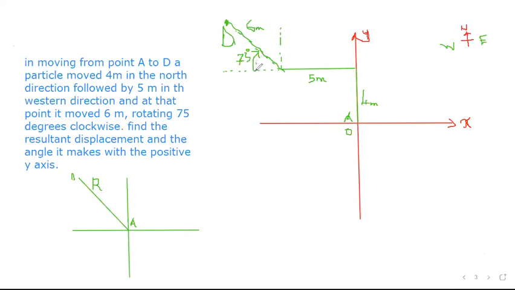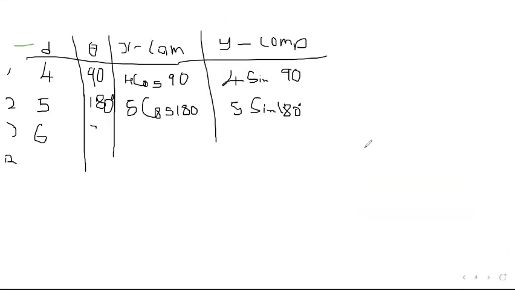Then it later moved 6 meters at an angle 75 degrees measured clockwise. Since this angle is measured clockwise, the angle that we're interested in is this other angle measured counterclockwise. So we're going to get this angle, which is 180 minus 75, which is 105. We're going to get this 105 angle so that we compute the components in the x and in the y direction without thinking about the signs at the angles themselves. Just let them give us the signs.